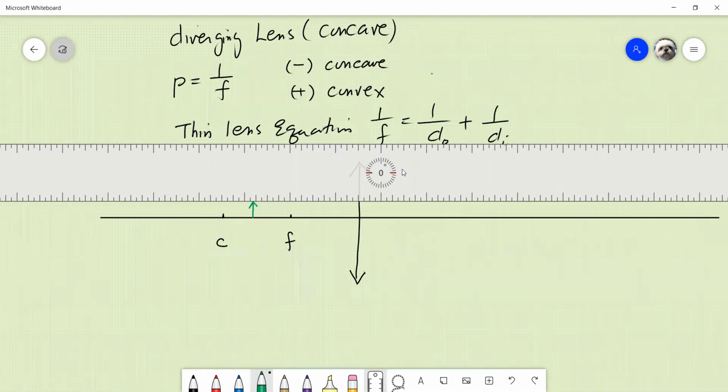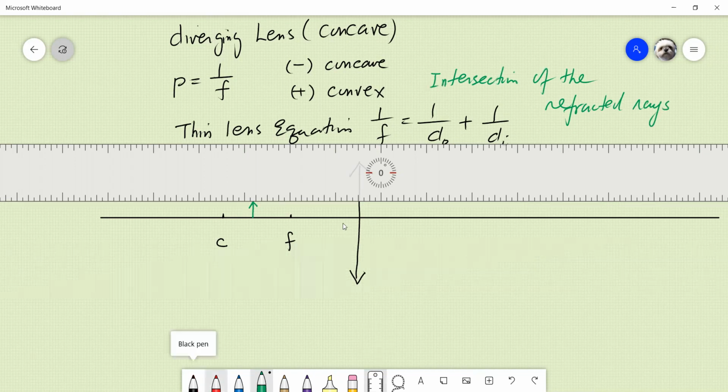It's all about the intersection of the reflected rays, right? Now I'm gonna draw the incident light, right?